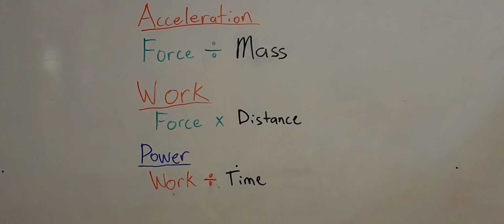Now, power is work divided by time, and that time is in relation to seconds. So let's put together a little scenario, and you'll understand a little better what the requirements are, or what's more important. Are we needing a force, or are we needing power to accomplish our goals with performance?